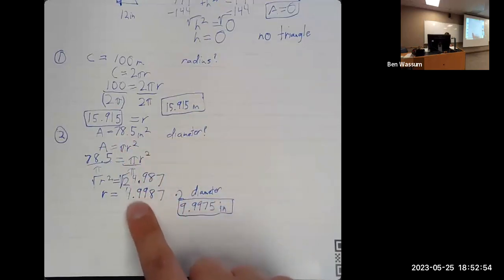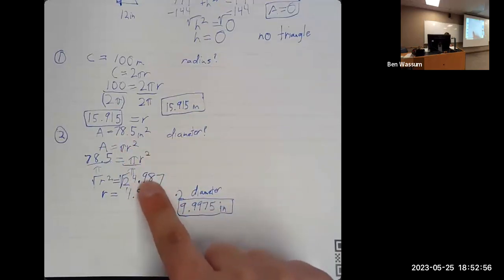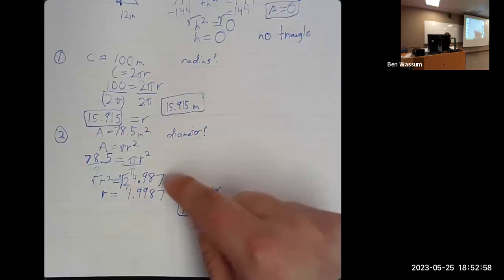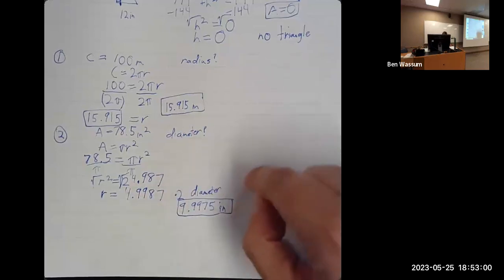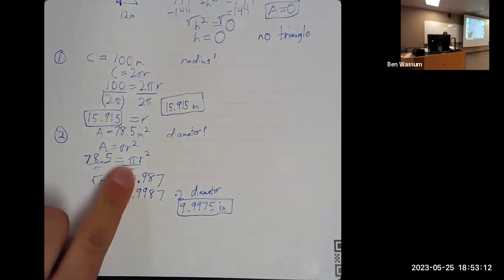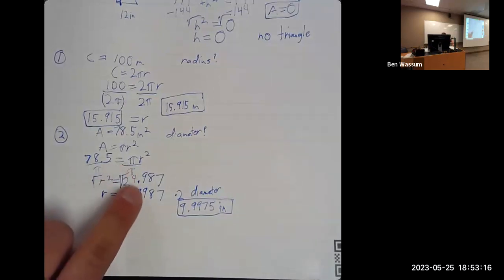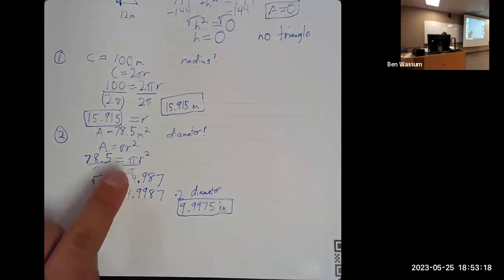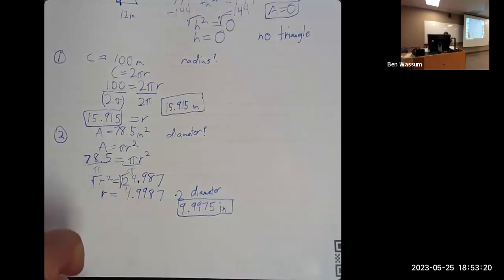If I had rounded the 3 total numbers here, or here, or here, this would have been a 25, a 5, and a 10. So chances are this problem was originally made for a shorter value of pi, but since we used our actual pi button, our numbers are ending up a little bit more accurate than you would expect normally.